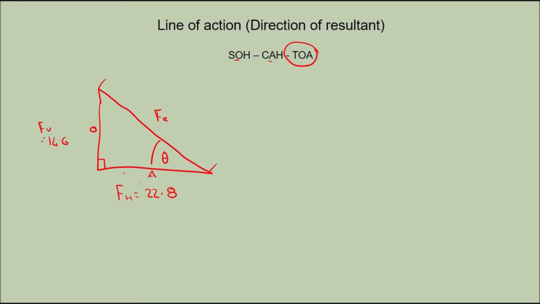So you might find it easier to calculate your direction if you've got a little triangle set up like so. Now I'm going to use the tan function in my calculator, but I'm going to calculate an angle, so I need to do shift tan, and I'm going to take the vertical and divide it by the horizontal. So again the O and the A. So that's what my formula is going to look like when I'm calculating direction.